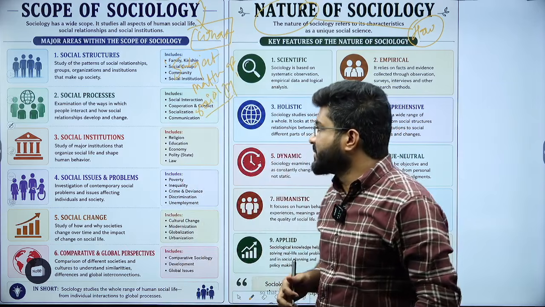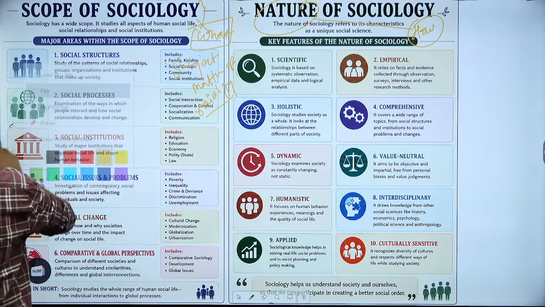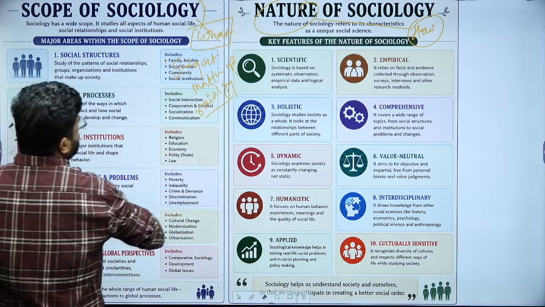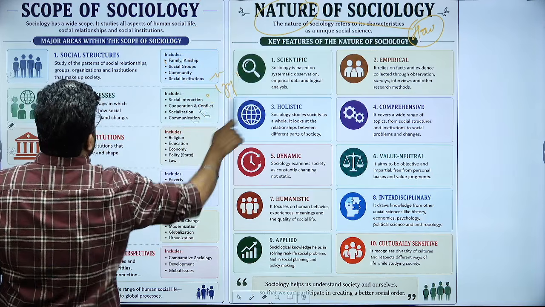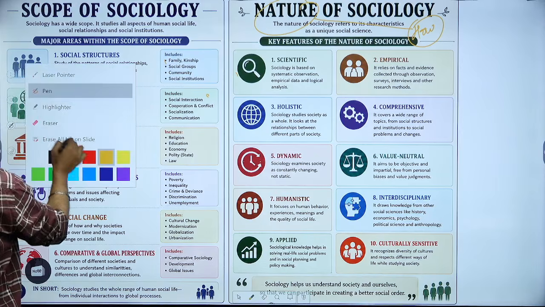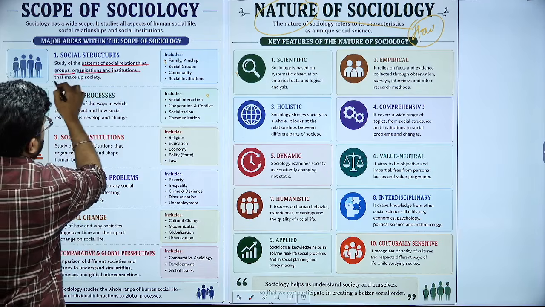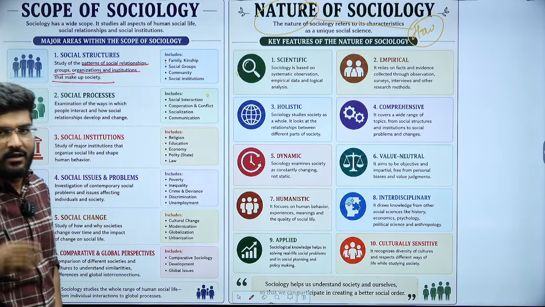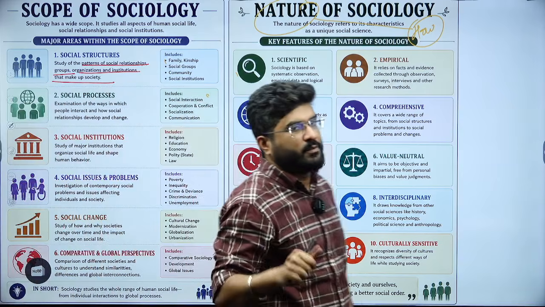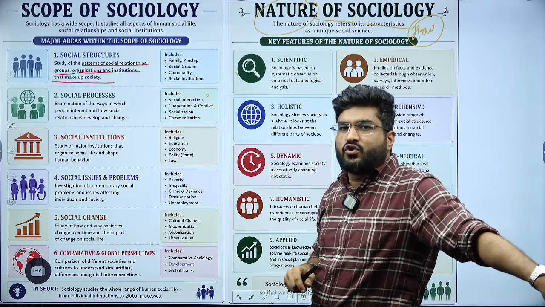It will study social institutions or social structures, that is, the study of patterns of social relationships, groups, organizations, and institutions that make up society, like family, religion, kinship, polity, etc. Then it will understand the social processes.